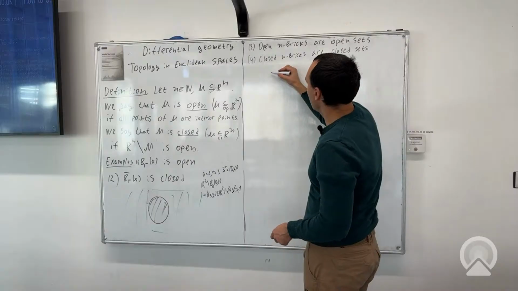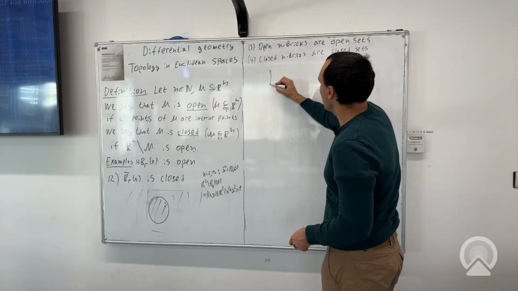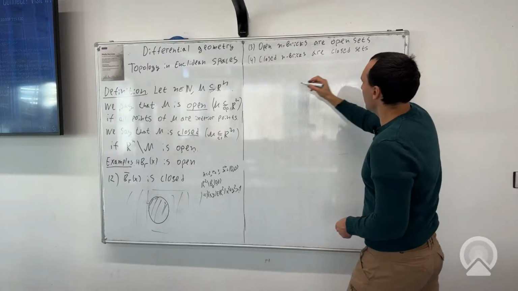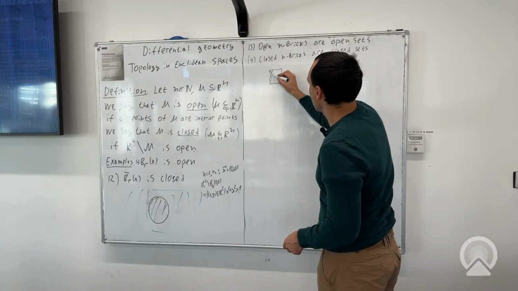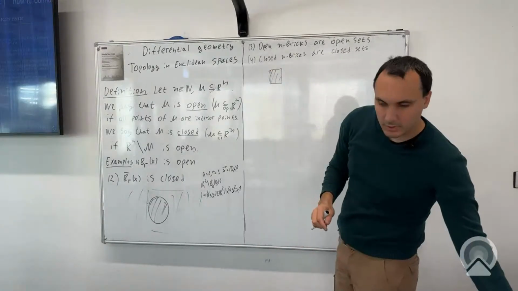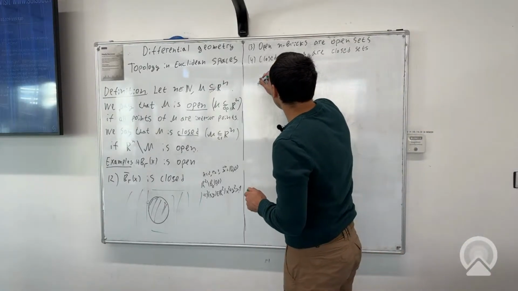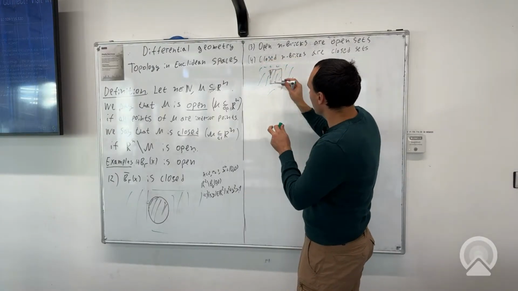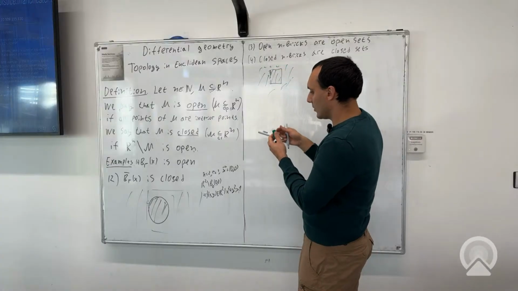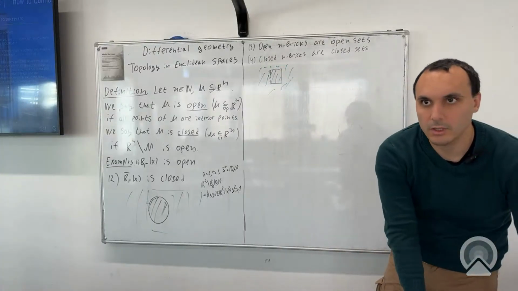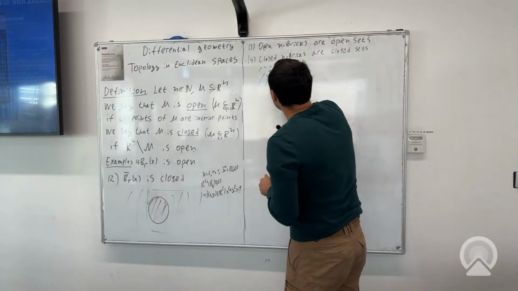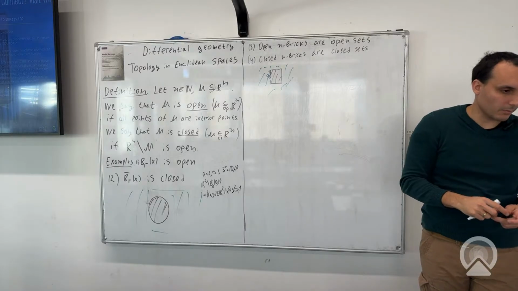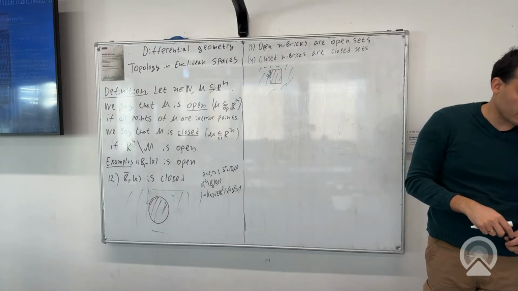If you have some closed square, the exterior will be the green. Again, if you take some point here, you can draw a small circle around it that doesn't touch the boundary. So the complement is open.